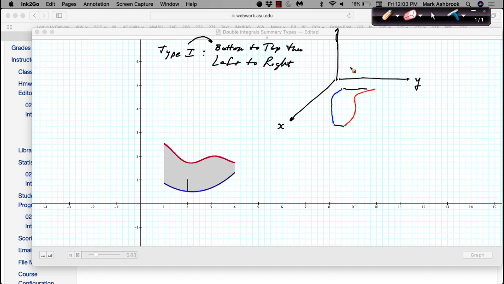You want to? Okay, when you say functions, are you talking about the red and the blue function? Do those form the volume?